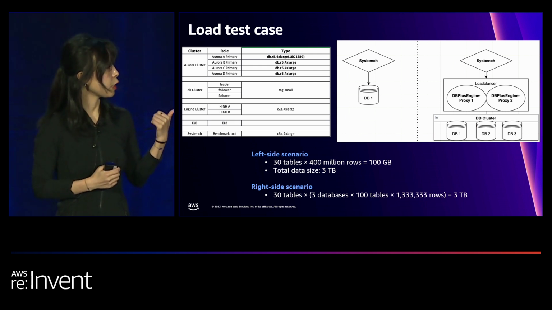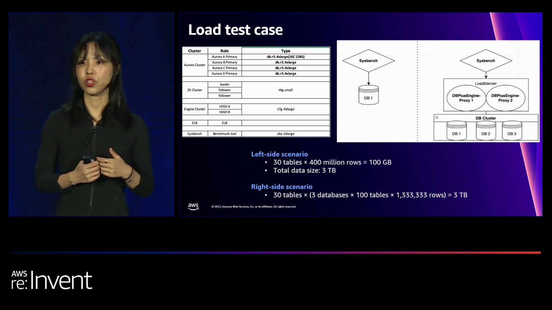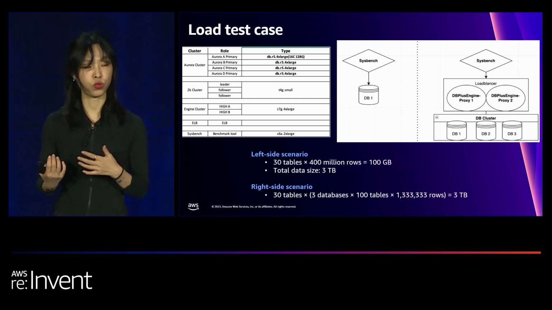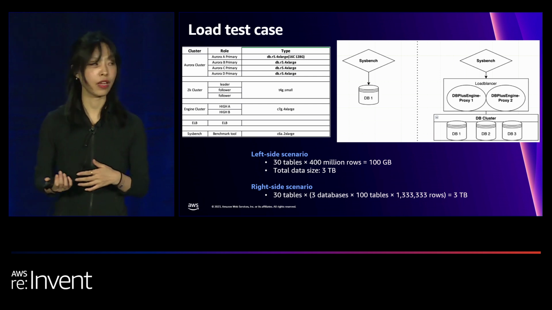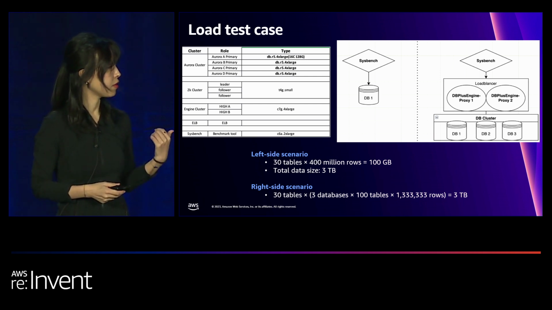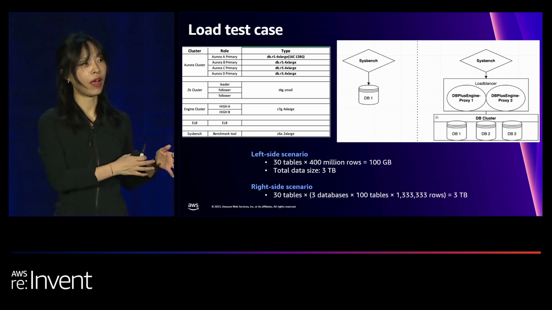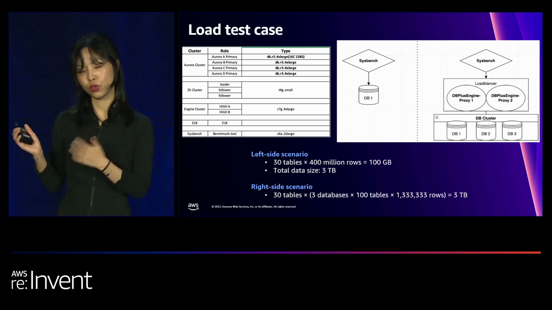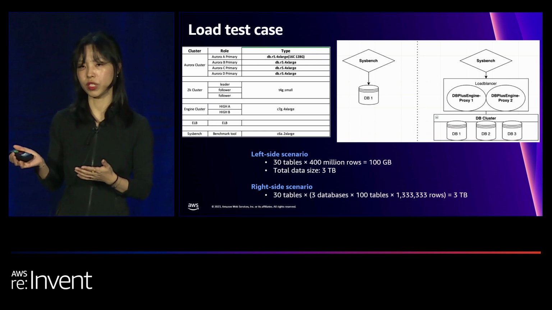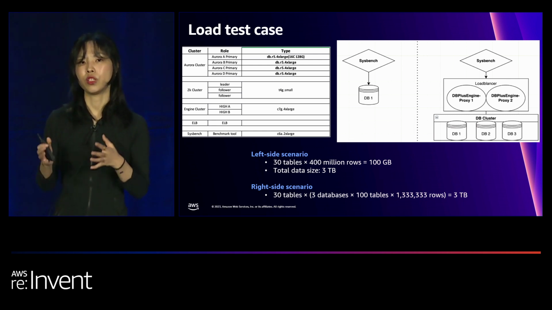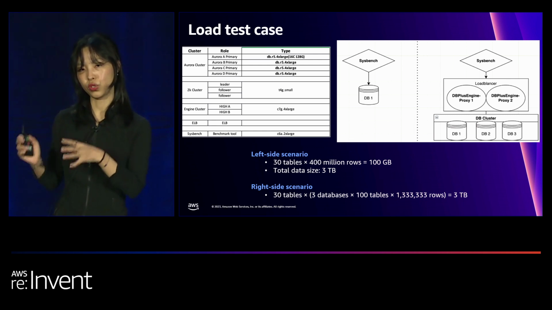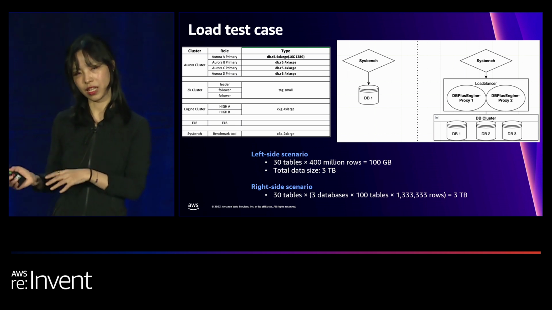In the application, we just use Sysbench. It's the benchmark tool for the database here. And for the data part, we put 3 TB of data in the single Aurora in the left architecture. And for the distributed one, we can split the 3 TB of data into 3 Aurora database clusters.